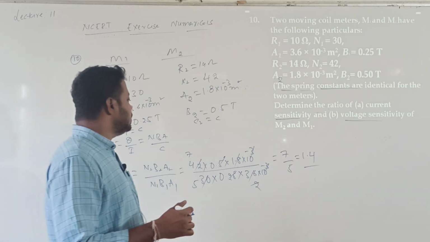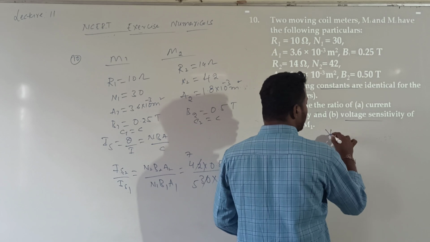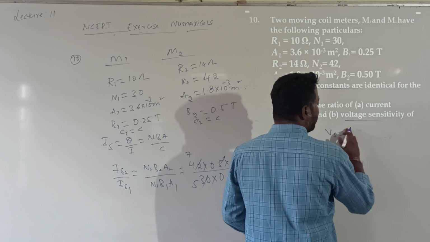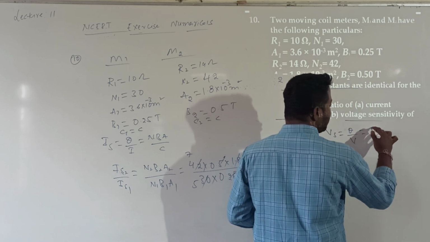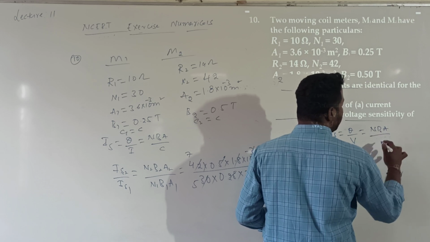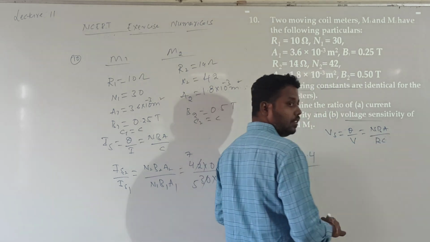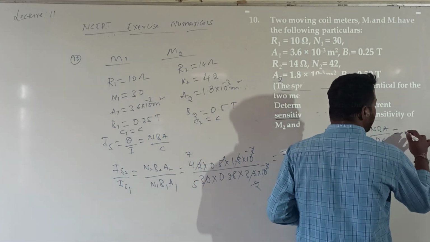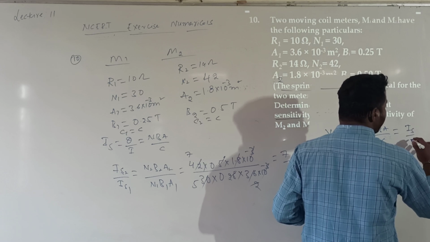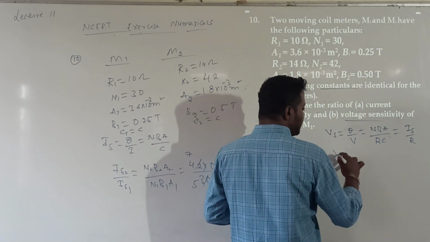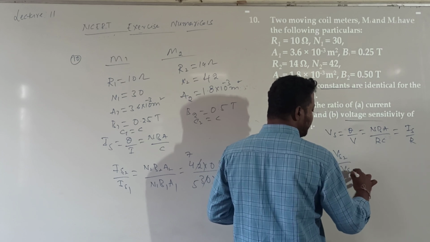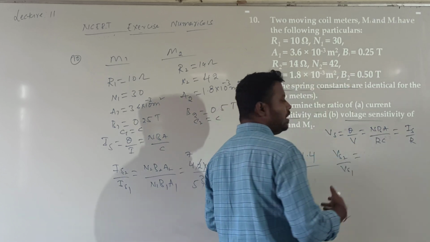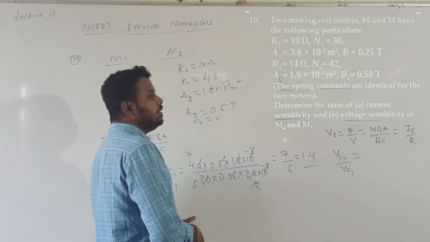Okay? Similarly, they are asking for voltage sensitivity. Voltage sensitivity can be written as deflection produced per unit voltage, which is N into B into A divided by R into C. Voltage can be written as V equal to IR, so voltage sensitivity is IS divided by R. Voltage sensitivity of the second by voltage sensitivity of the first, I can write directly as current sensitivity divided by resistance.